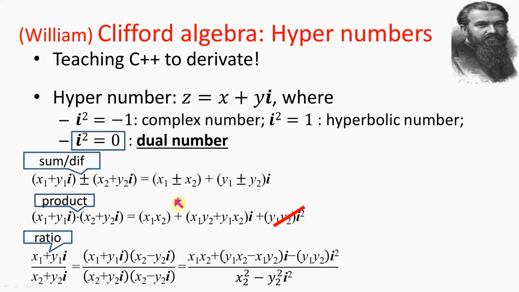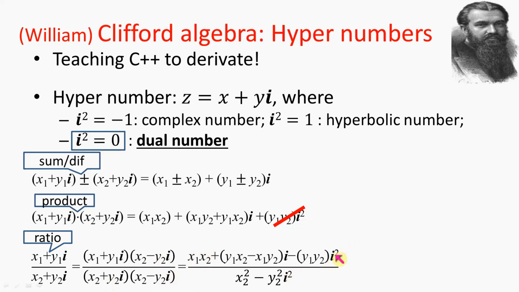What about division? We can apply the same trick as applied to the computation of the division of two complex numbers. So when one hypernumber is divided with another hypernumber, we multiply both the numerator and the denominator with the conjugate of the denominator, and then using the distributive law, both the numerator and the denominator can be rearranged.